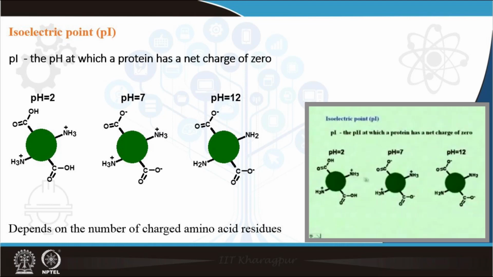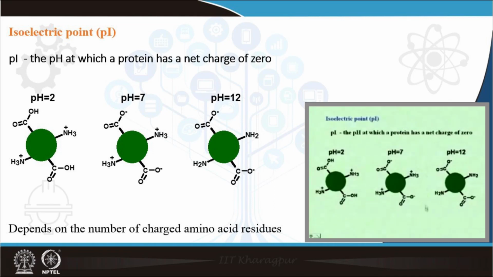So, as I keep on increasing the pH, deprotonating all these protons that are available, I come to a very high pH where I have lost even all the protons that were associated with the amine groups. Okay? So, what do I mean by a basic protein? I mean a protein that has a large number of lysines or arginines associated with it.